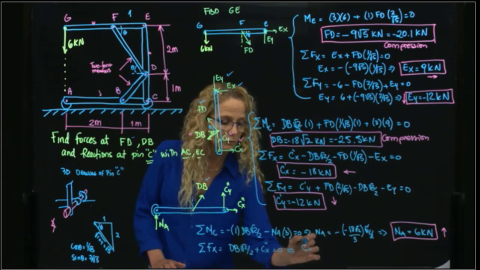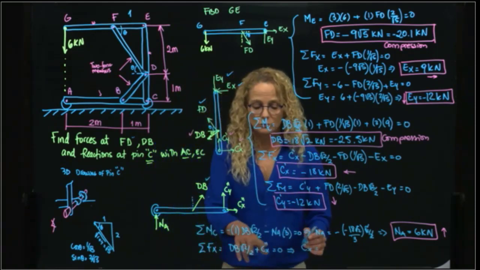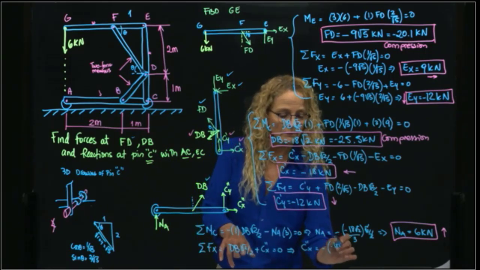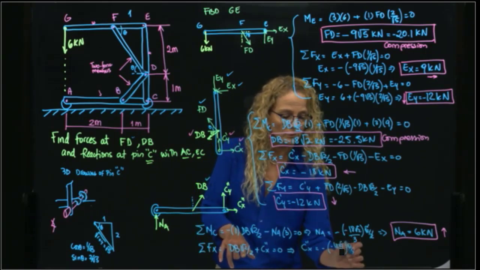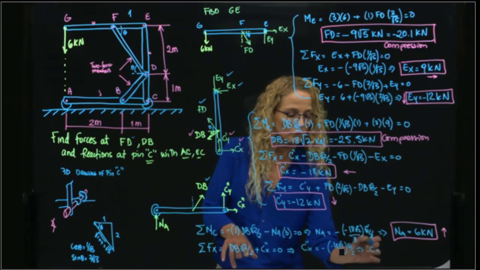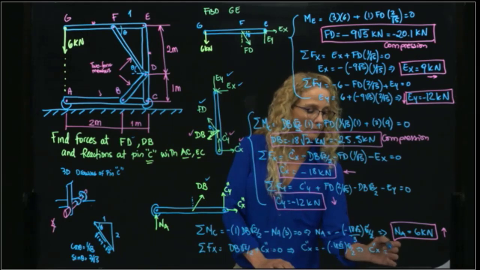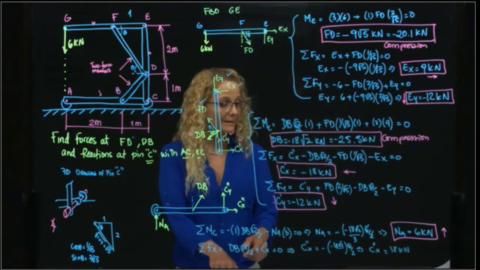Therefore, Cx2 prime is equal to negative 18 square root of 2 times square root of 2 over 2, and that gives me that Cx2 prime is equal to positive 18 kilonewtons.